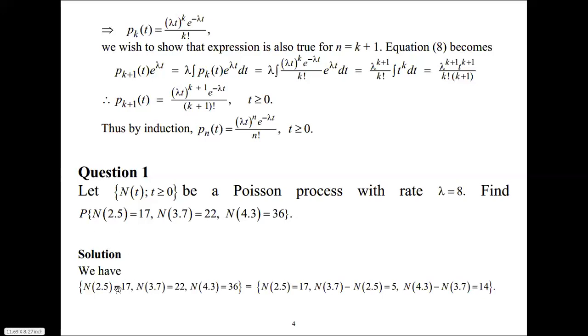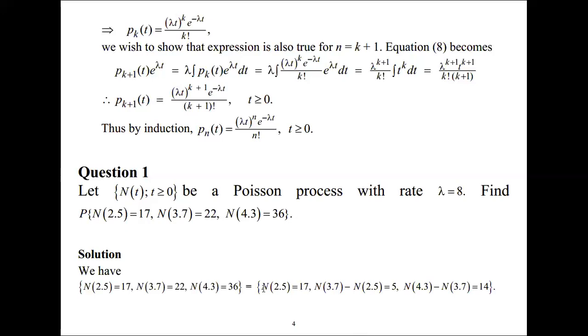First we start from 0 to 2.5, then from 2.5 to 3.7. How many events occur between the time 2.5 to 3.7? It will be 22 minus 17, which is 5 events.